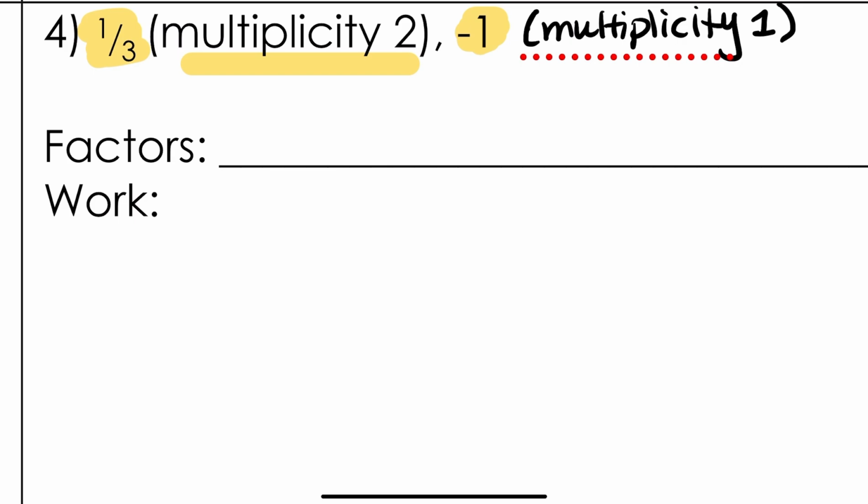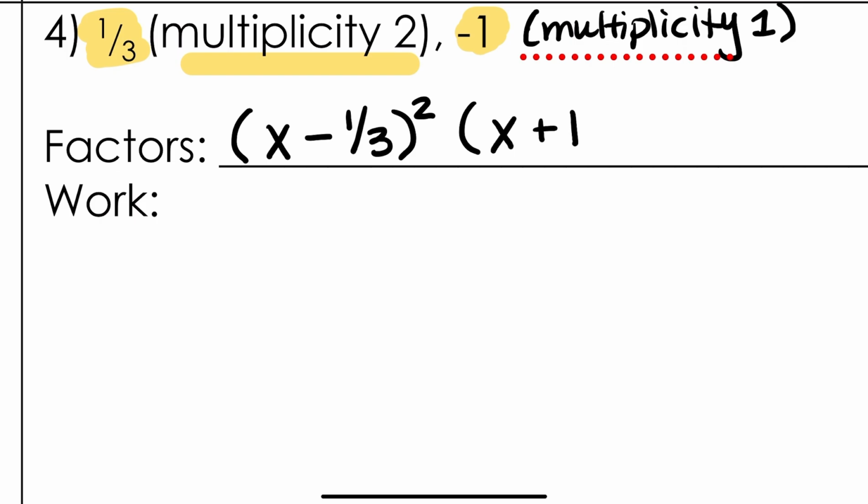For the first 0, positive 1/3, we'll be writing that factor as x minus 1/3. Also, there's a multiplicity of 2, so we do need to raise that to the second power. And for our next 0, or our next root or x-intercept, right, because they all mean the same thing, we were given -1, so we're going to write that as x plus 1. And the multiplicity is 1. We don't need to write the first power because we know it's there.